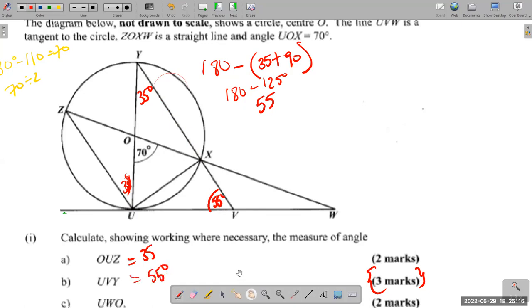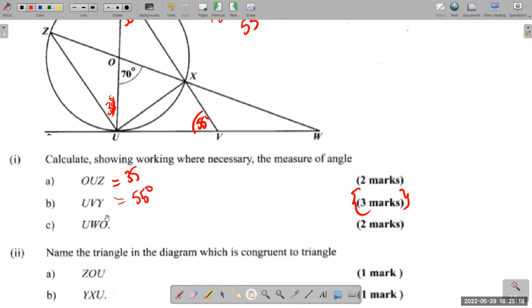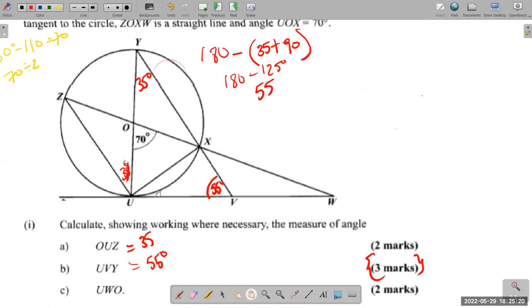All right, second to last one, UWO. Where is that? UWO. That's easy again. Why is that easy again? That's another right angle triangle, right or wrong? UWZ. Oh, sorry. That isn't even easier because they don't give us the 2 angles. This one is 70 and this one is what? 90.